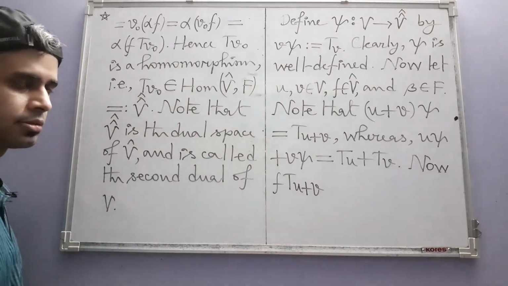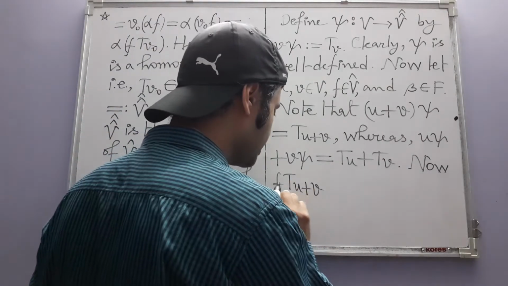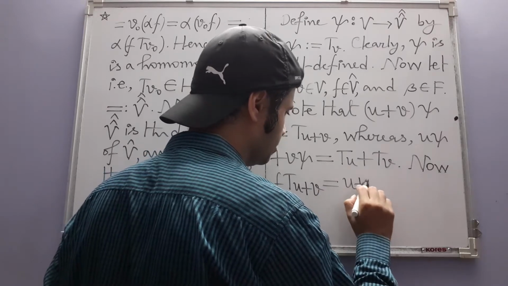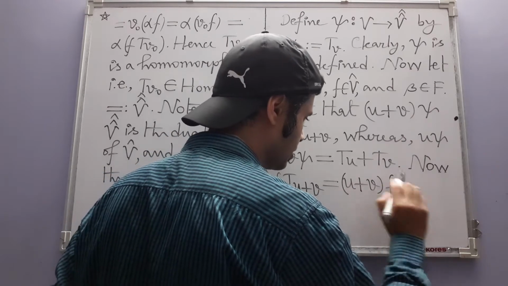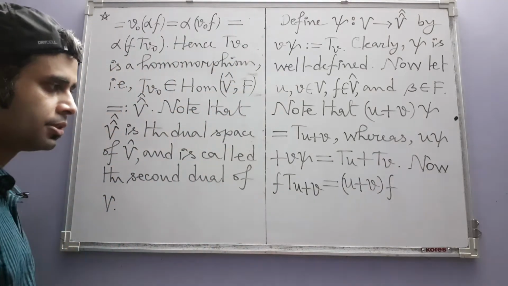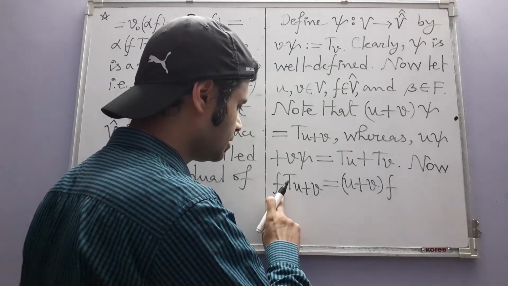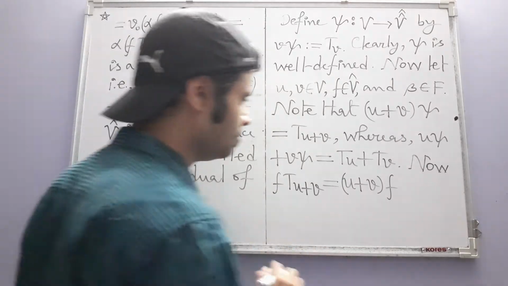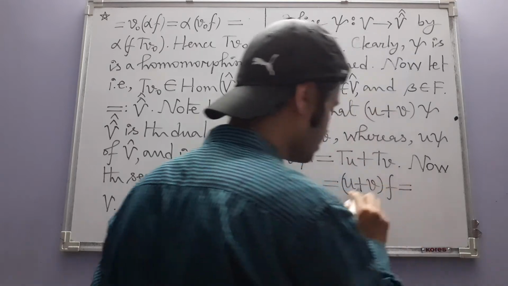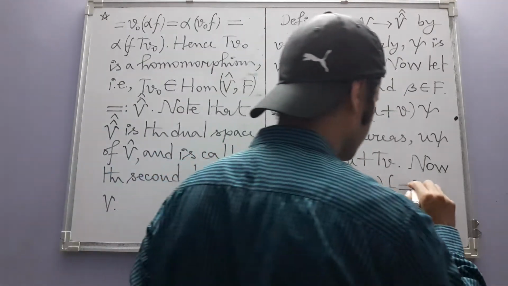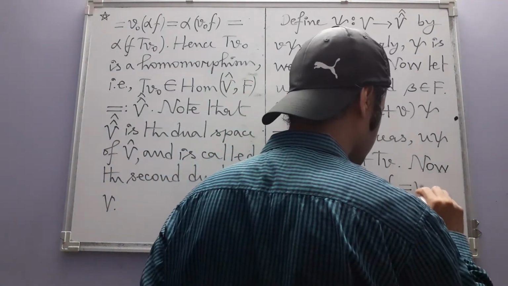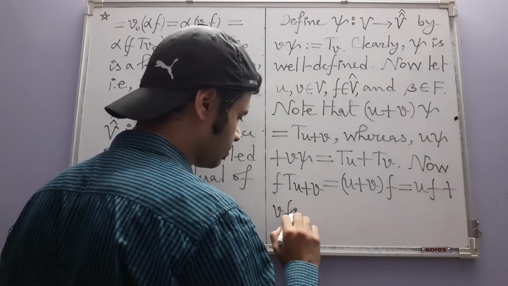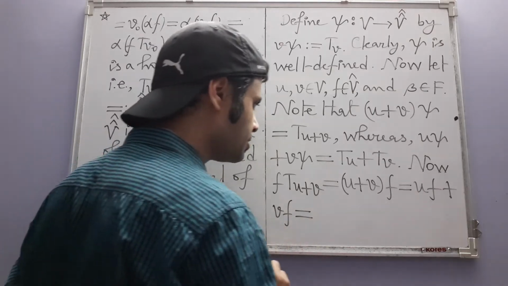we calculate this? By the own definition of Tu plus v, this is the image of u plus v under the linear functional f. Now this is where the fact that f itself is a linear transformation will be essential. So f itself respects addition. So f of u plus v means f of u plus f of v. But f of u is what?